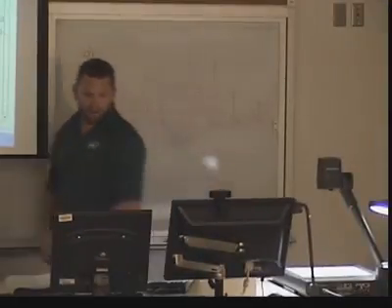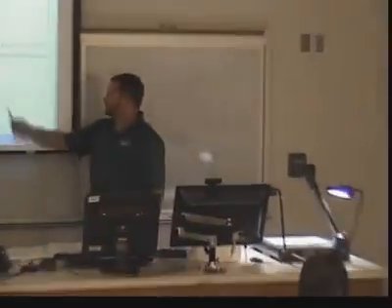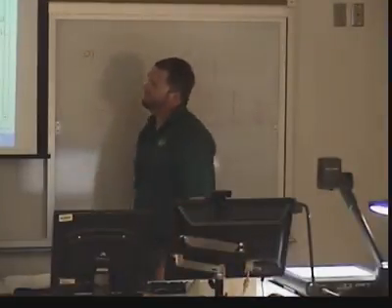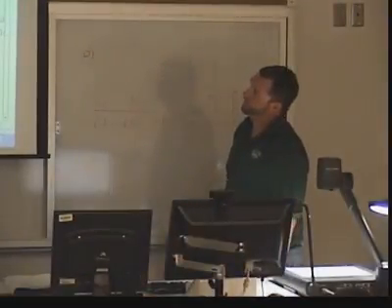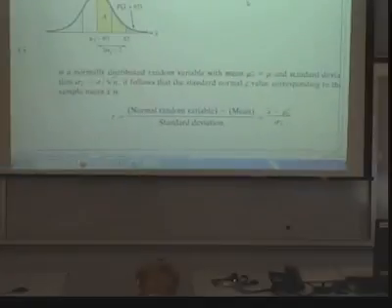Look at z. Your normal random variable, in this case 82, minus 80 divided by 1. X bar minus mu of x bar. Yeah, this whole thing is x bar instead of x.